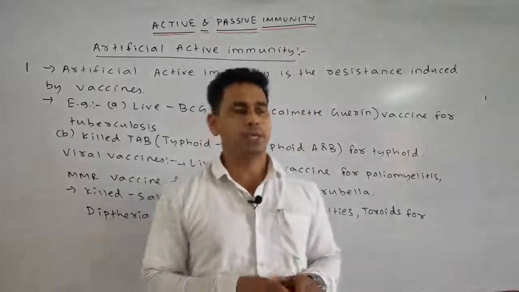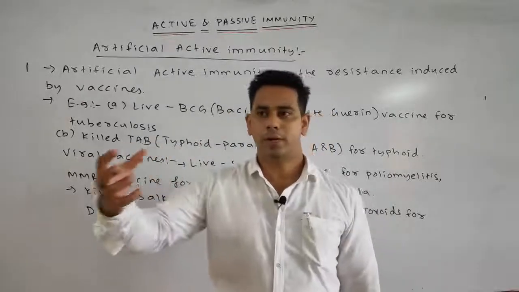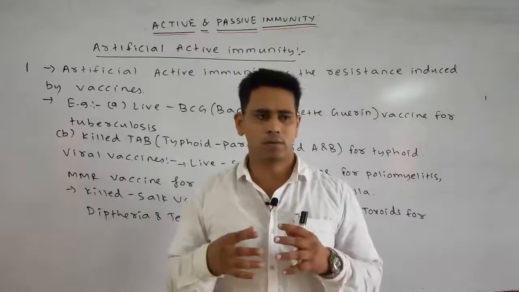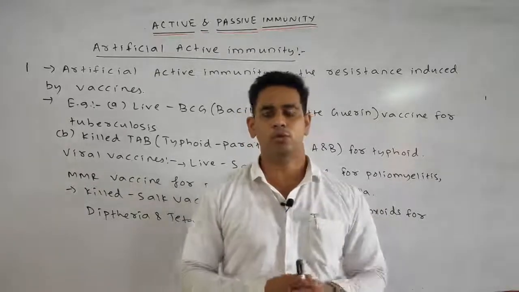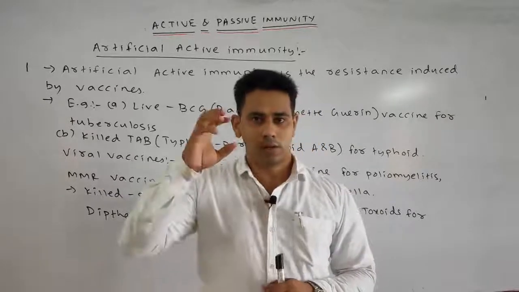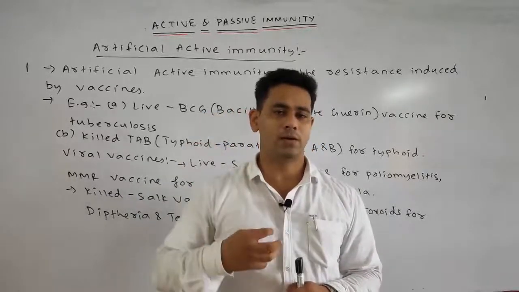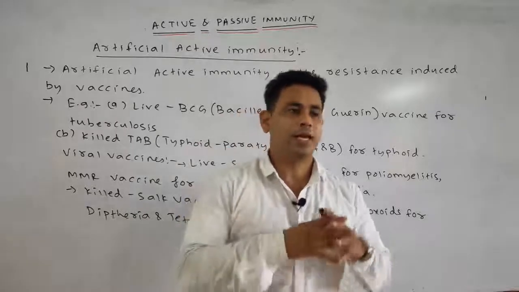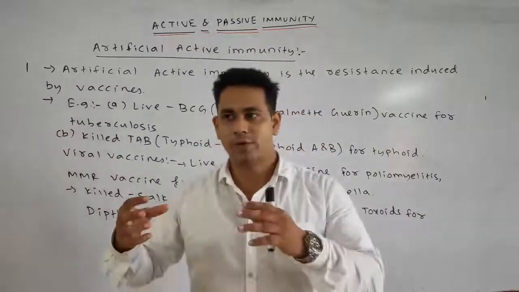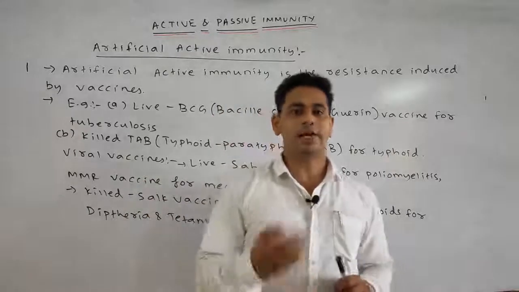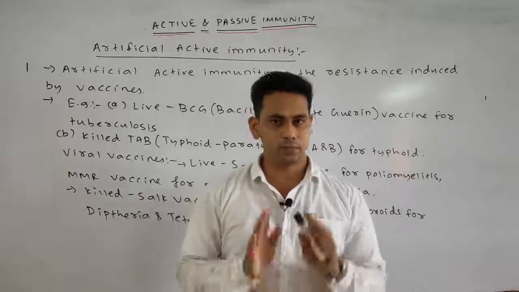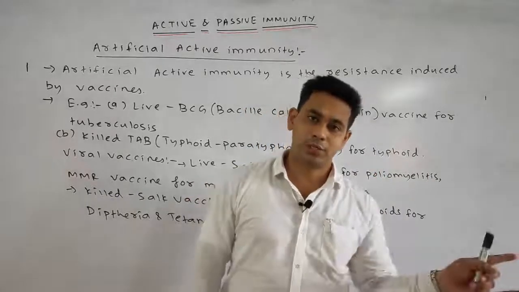For example, if a particular pathogen enters our body and our body is unable to create antibody for it, then vaccines are taken to help in producing the antibody. When we take the vaccine, the vaccine will help in forming or producing various antibodies. Understood?